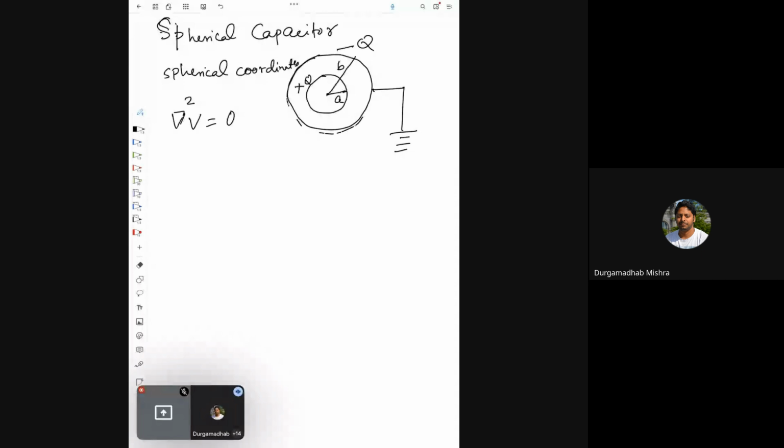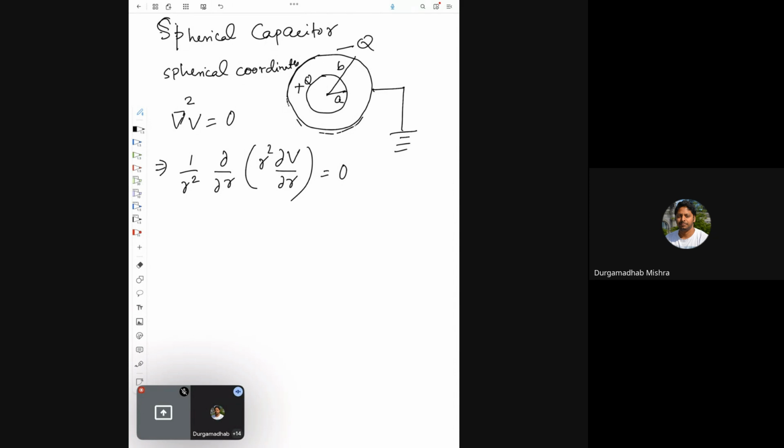Okay, but what is the del square operator here? There is no theta or phi dependence, so you have only r dependence. In that case, it becomes 1 by r square del by del r of r square del V by del r equal to 0. So these kinds of things you need to remember.